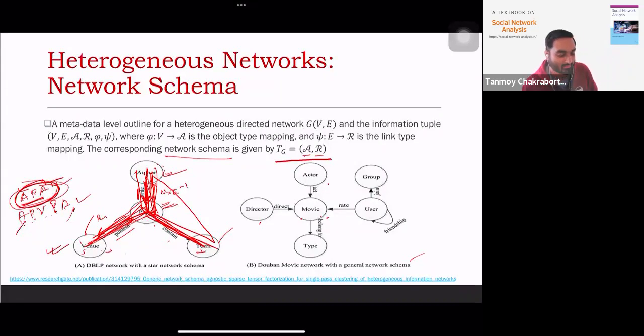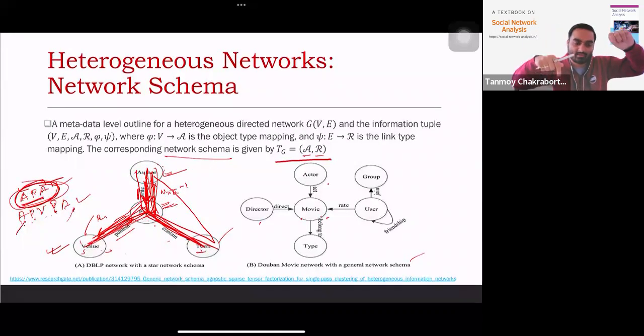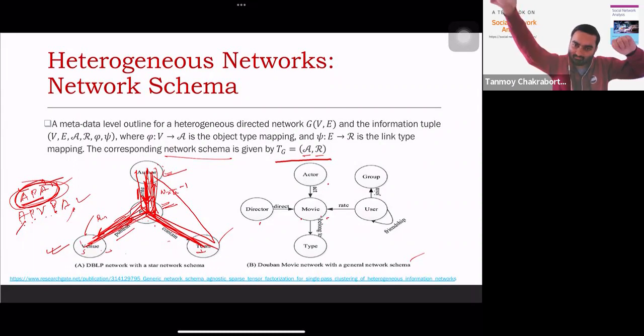You start looking at the citation network, the publication network, and you see that Mr. X has published a paper P, and this paper P has also been written by Mr. Y. So this is one instance of type APA.